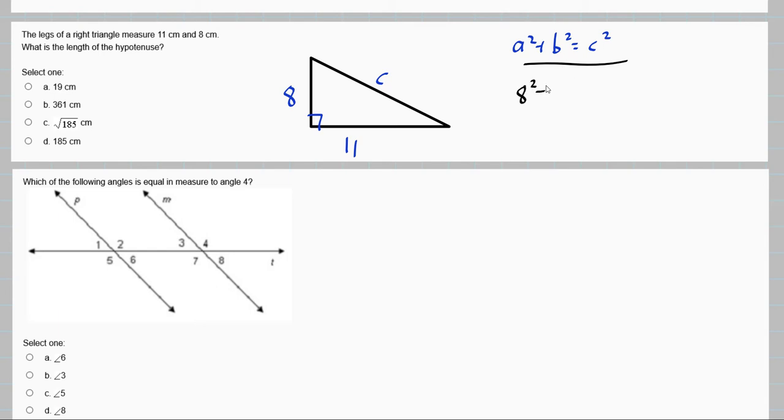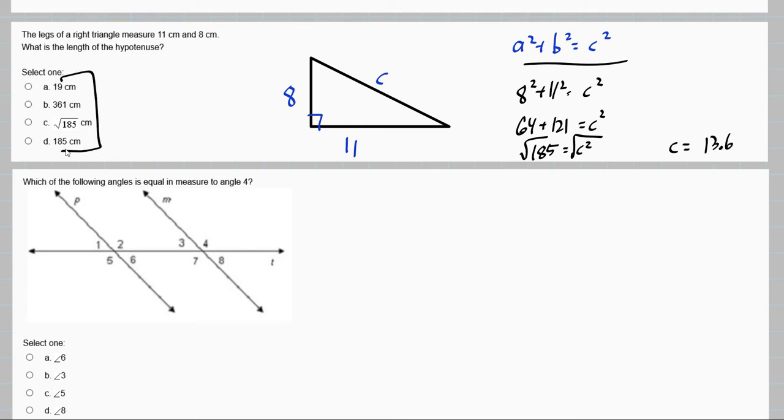So we take 8 squared plus 11 squared equals c squared. 8 squared is 64. 11 squared is 121. 64 and 121 is 185. And if we take the root of 185, we get 13.6.